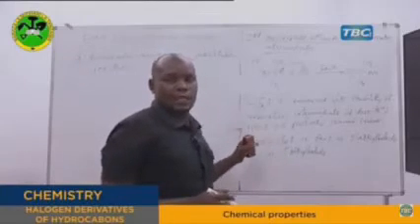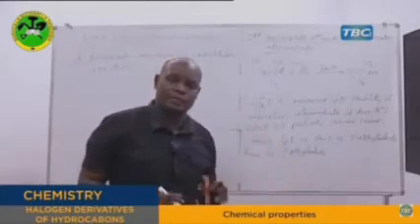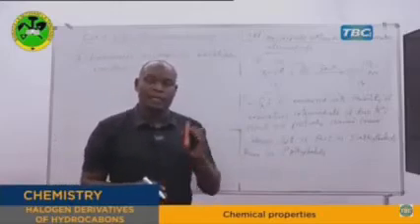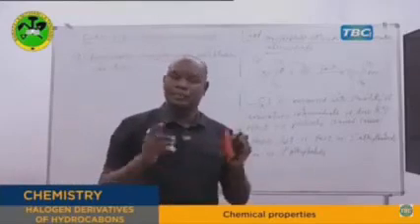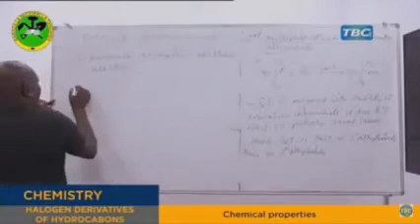Why is it called the second order nucleophilic substitution reaction? Because the rate of reaction depends on two reactants in the rate determining step.